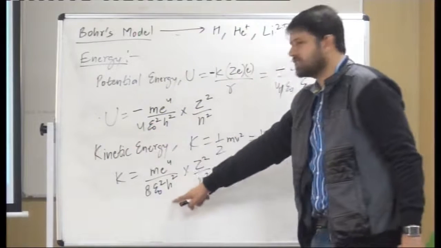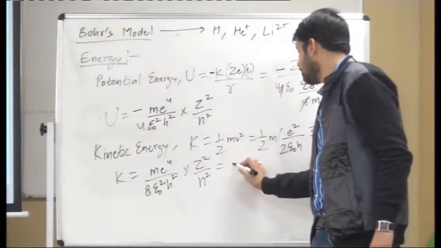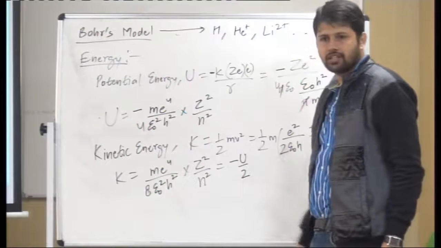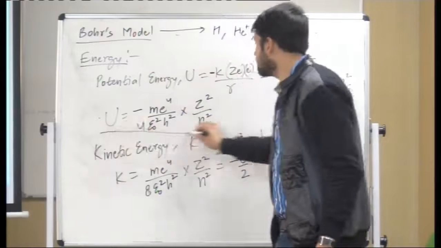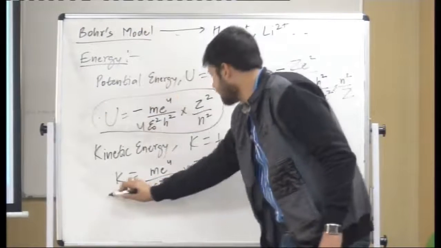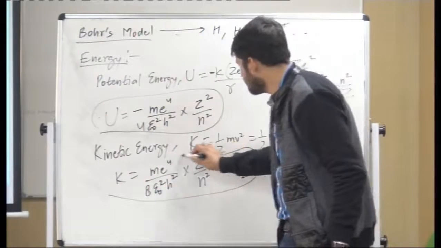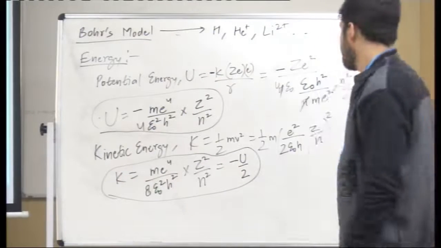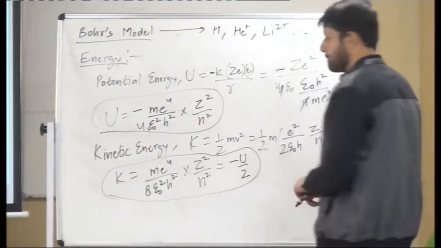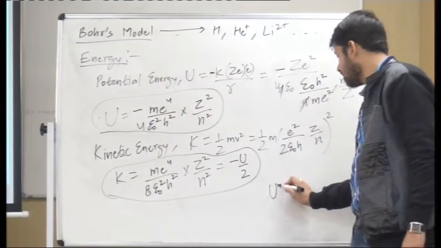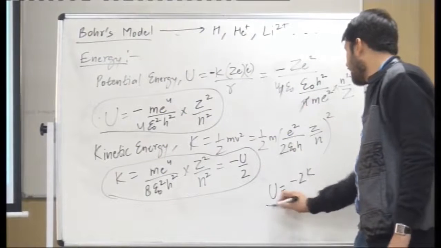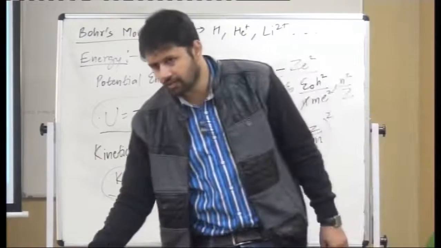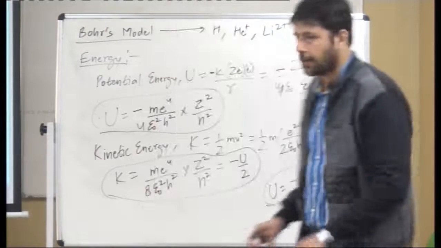The kinetic energy is minus U by 2, right? The potential energy is this expression, and the kinetic energy is minus U by 2. You can say this is minus 2K. Kinetic energy has to be positive always, potential energy is negative always, right?